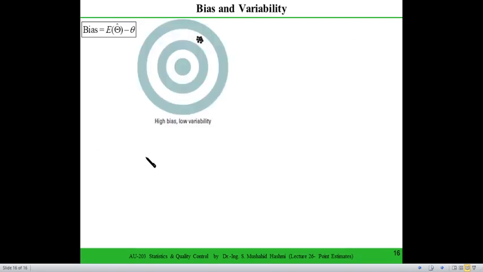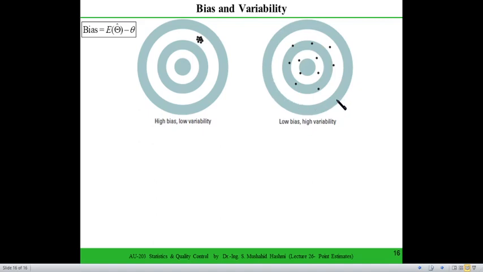For example, if this is your case in which your target, the true value, is in the center, and most of your sample estimates are away from that, the data has so much bias. It means the estimator is not close to the true value. But within the observations, the variability or dispersion is low. So this would be called high bias but low variability.